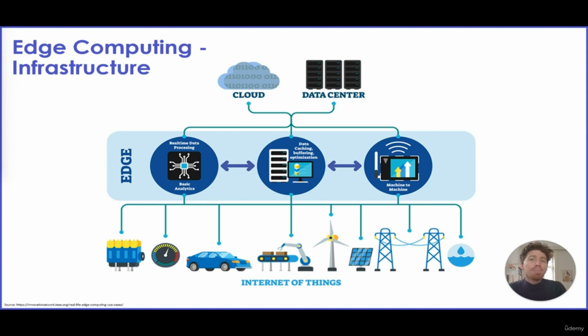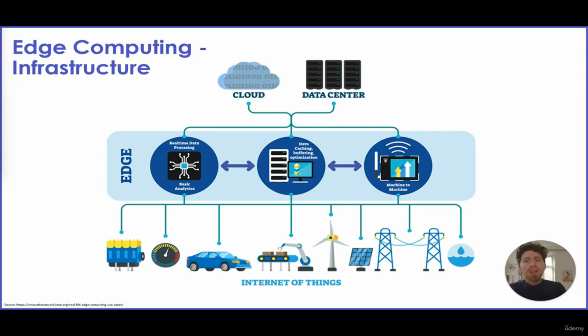The benefits of this infrastructure are twofold. First, you have lower latency times. For example, if you take the example of the robot arm at the bottom, the robot arm needs to react very, very fast if something is not right. Imagine there is a technical defect in the robot arm and it takes 1.5 seconds until the data is being sent to the cloud, processed and sent back. But if this is happening on a local, on the edge basis, you can reduce the latency times to milliseconds and avoid damage.